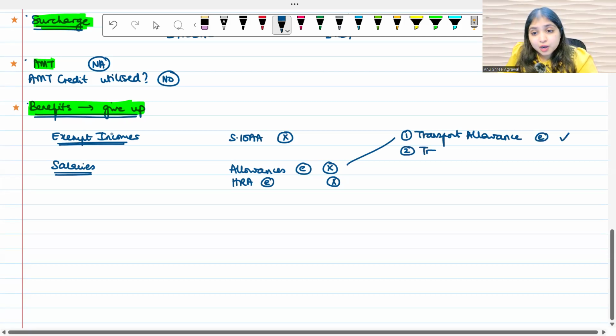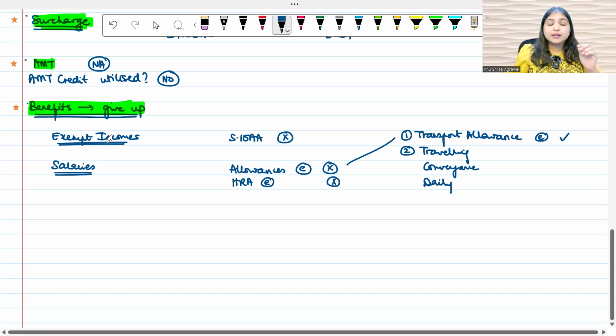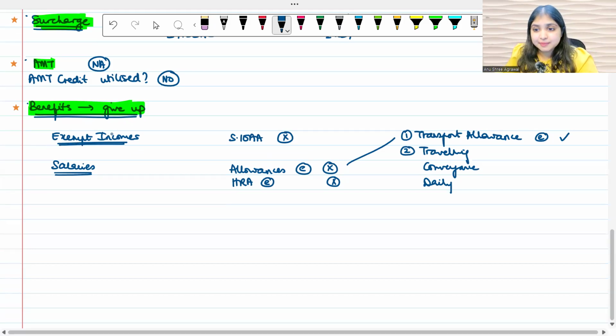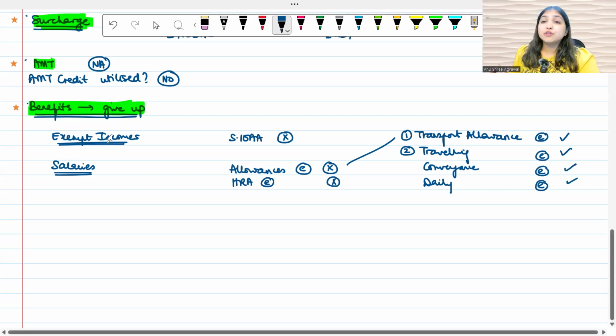Then traveling allowance, conveyance allowance, even daily allowance. In these three allowances, whatever you actually incurred for official purposes will be exempt, right? So even in these three allowances, you can continue to enjoy the exemption, even under 115 BAC.